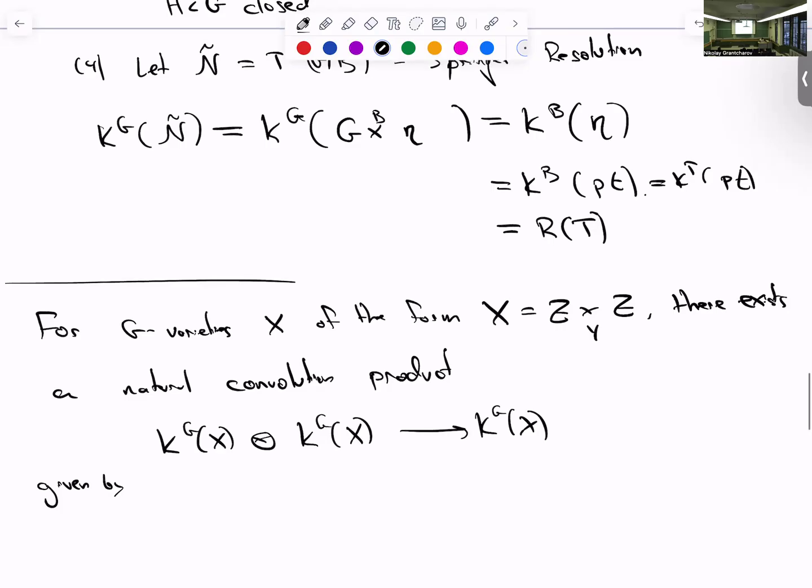I'll just remind you. So we take two coherent sheaves over X. Then we pull them back along the projection, and then we push them forward along the projection.